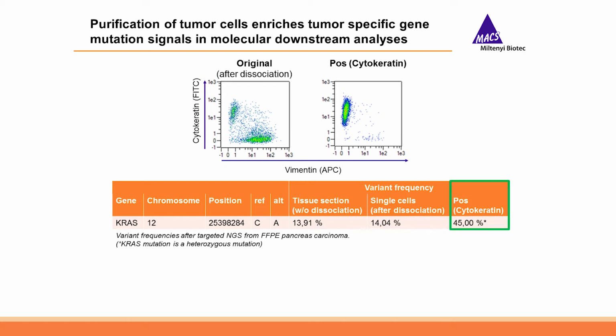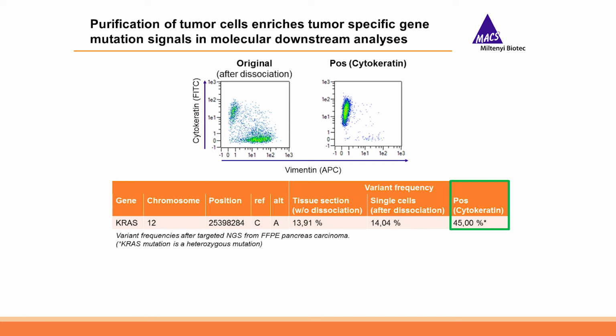Here I'd like to explain a bit more about the KRAS gene or the KRAS mutation. KRAS mutation is a heterozygous mutation. So that means that the mutation is only on one of the chromosome 12. So one chromosome 12 is still having the wild type allele, whereas on the other chromosome of one cell is the mutated variant of the KRAS.